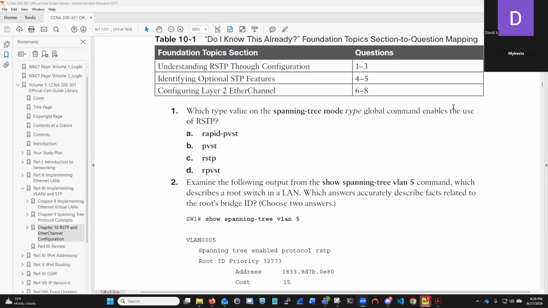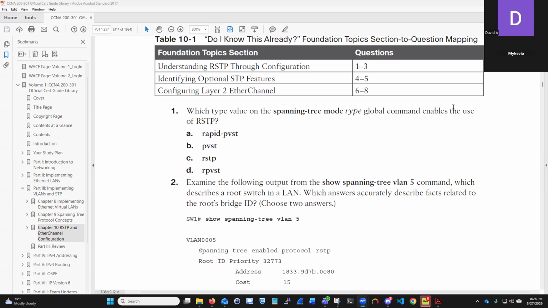I want to say it's C, RSTP. I think it's C, rapid spanning tree. Final answer. Yes. Okay, that is incorrect.